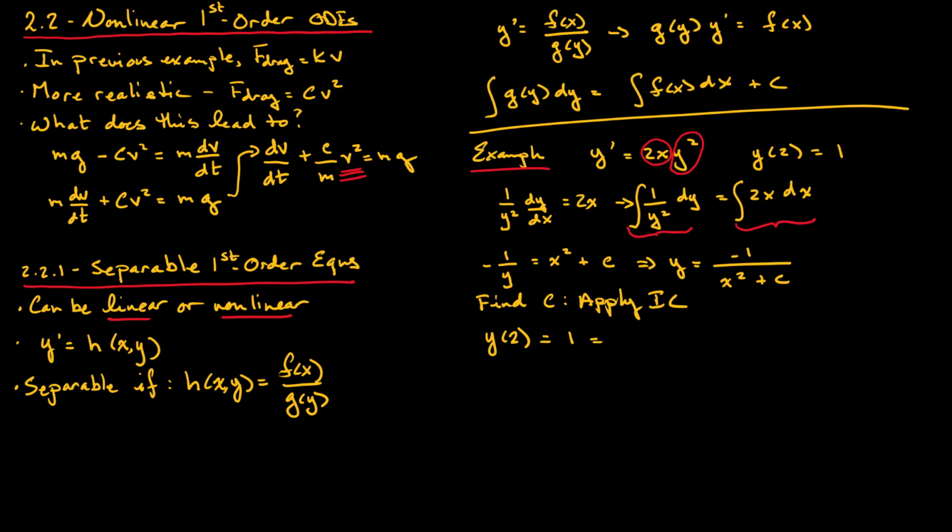So we substitute x equal to 2, so we have 2 squared, so that'll be 4 plus c, which leads us to find that c is equal to negative 5. So substituting this into our solution, we find our solution, y of x, is equal to negative 1 over x squared minus 5.